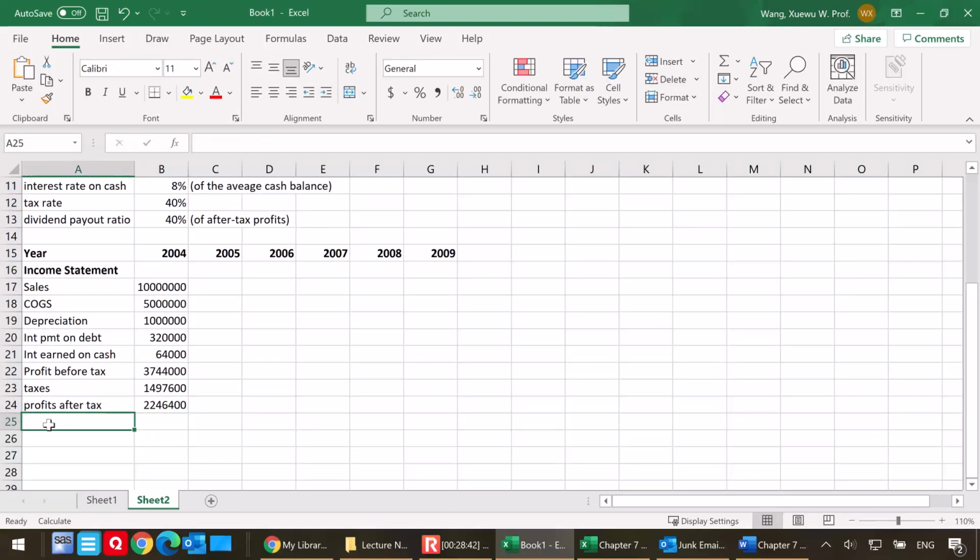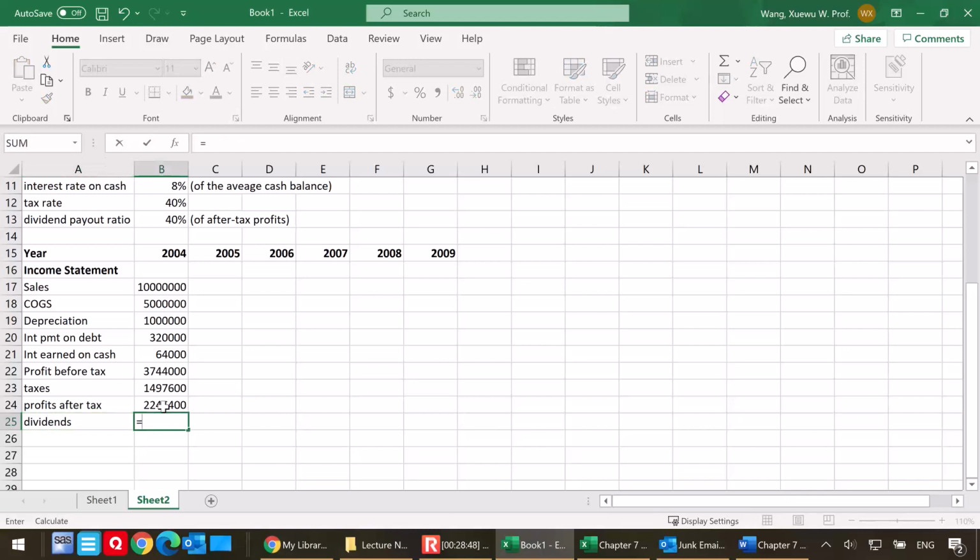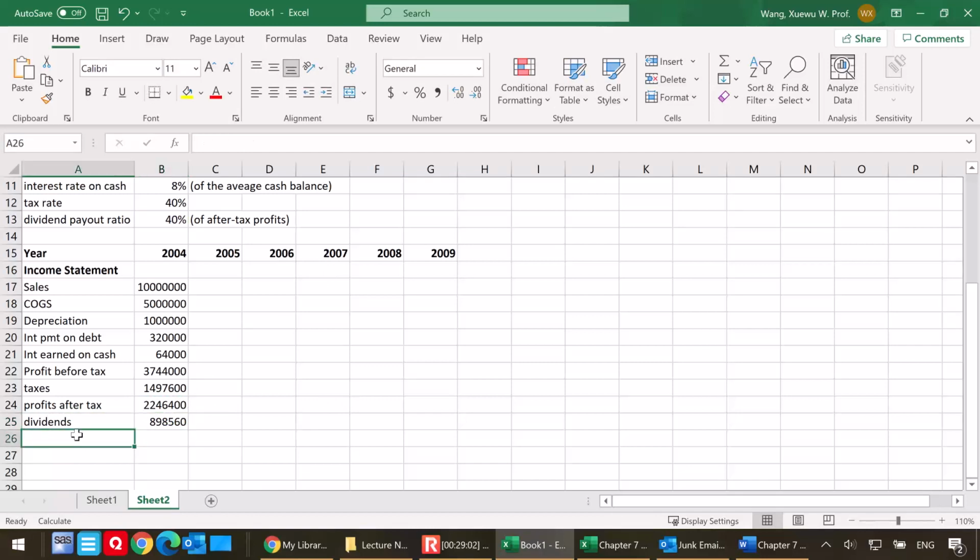And now you're going to pay dividends. Out of this $2.24 million, you're going to pay 40% out to your existing shareholders. So that's actually $898,560. And the remainder is your retained earnings.